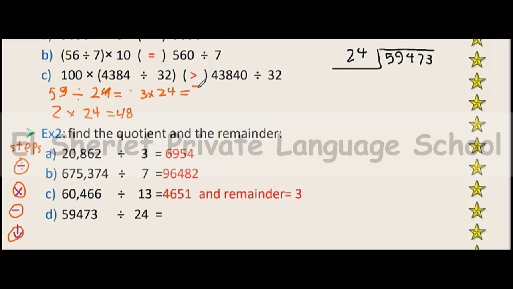So 72 is more than 59, so we choose 2 times 24. So right here 2 times 24 equal 48.